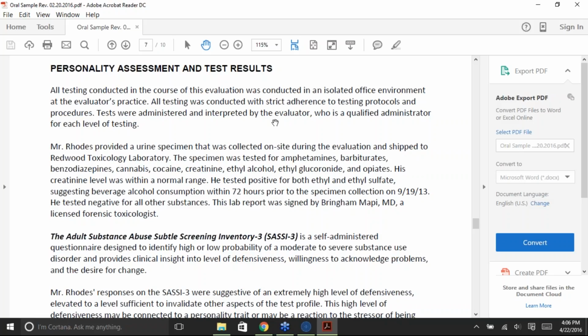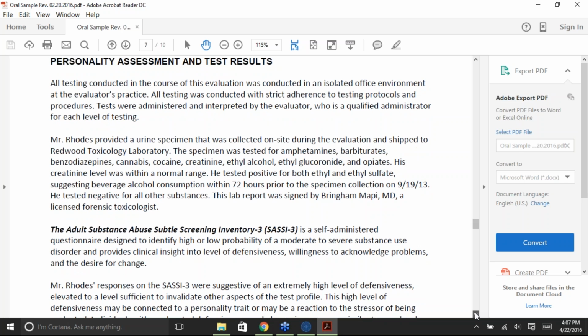All testing was conducted with strict adherence to testing protocols and procedures. Tests were administered and interpreted by the evaluator, who is a qualified administrator for each level of testing. So I'm saying I'm qualified to administer and interpret these tests.